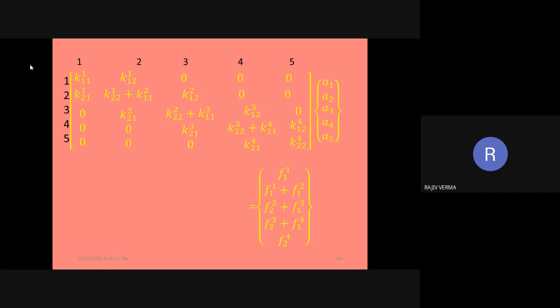The second row, second equation on the right has forcing terms added up from the first and the second element. And similarly, the third equation on the right has forcing terms added up together from the second and the third element. And similarly, the fourth equation on the right has forcing terms added up together from the third and the fourth element. So this is the final expression which you get.